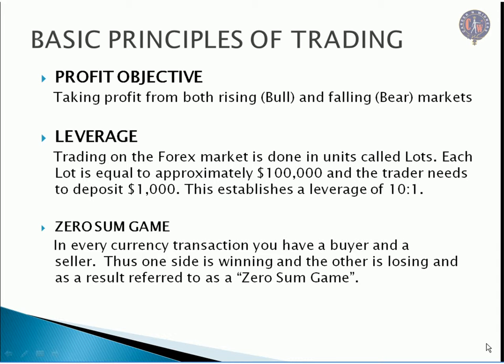This establishes a leverage ratio of 10 to 1, and as a result the value of each pip movement equals approximately $10. The margin deposit prevents non-performance between counterparties and serves as a buffer for the broker to close all open positions of a trader.